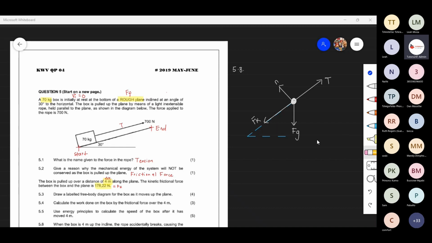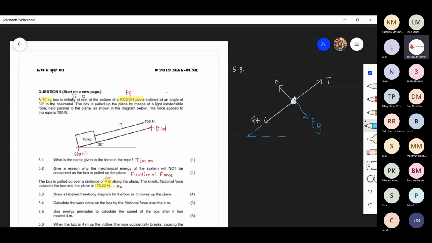Are you talking about the perpendicular component, for example? So you don't want to have this; you only want to have that and call it FG. No, that would be wrong, because technically that's not FG.